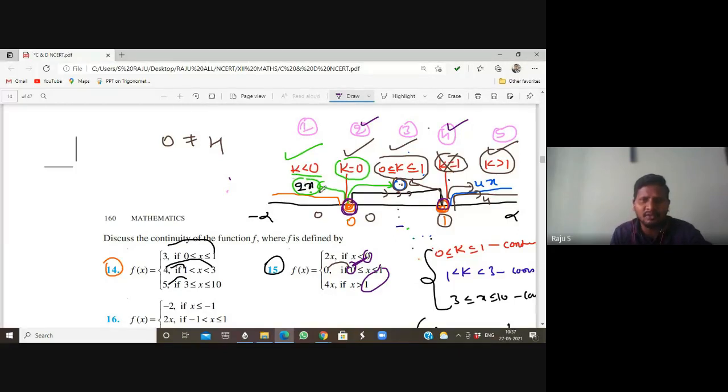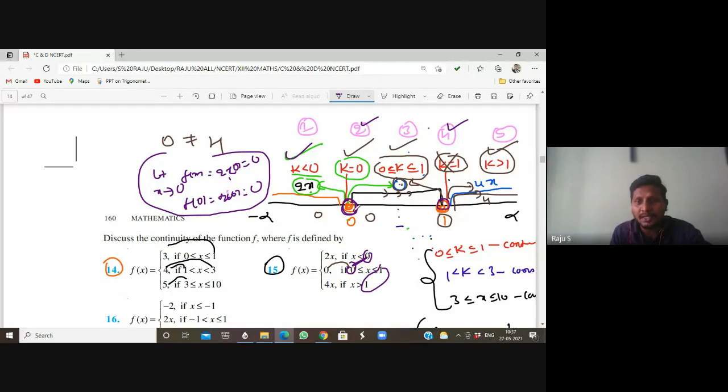For the first case, k lesser than 0, f of x is 2x, so f of 0 is 2 into 0, that is 0. So I applied the first formula. But here you should find the limit as x tends to 0 minus of f of x at exactly 0. You take 2x, the limit as x tends to 0 minus is 0. And the limit as x tends to 0 plus of f of x is directly 0.